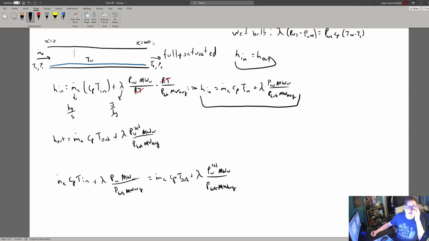Okay, and so you probably notice now that we have our mass flow rate on both sides, and we also have our heat capacity and our heat of vaporization, and this group here, the molecular weight divided by total pressure times the average molecular weight.